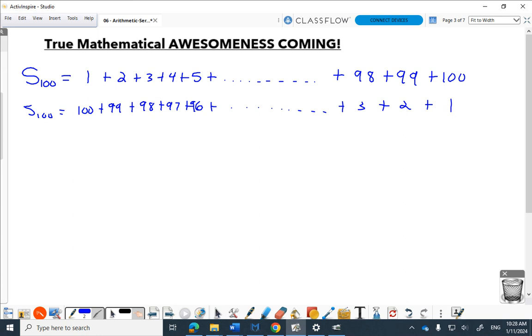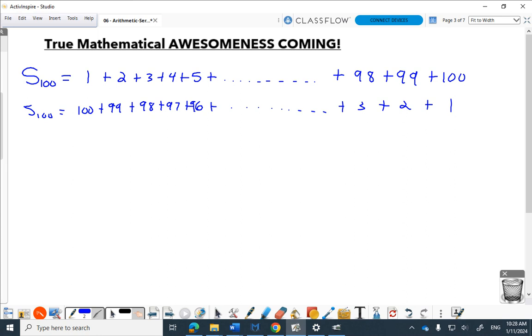I see it. Look at those first terms in each. 1 and 100. What's 1 plus 100? What's 2 and 99? 3 and 98. 4 and 97. That was his breakthrough. These all make 101s.